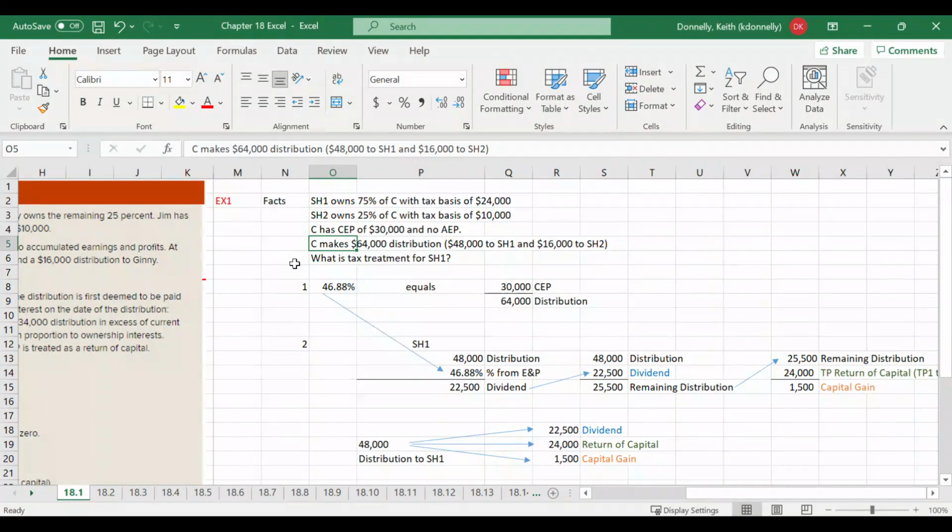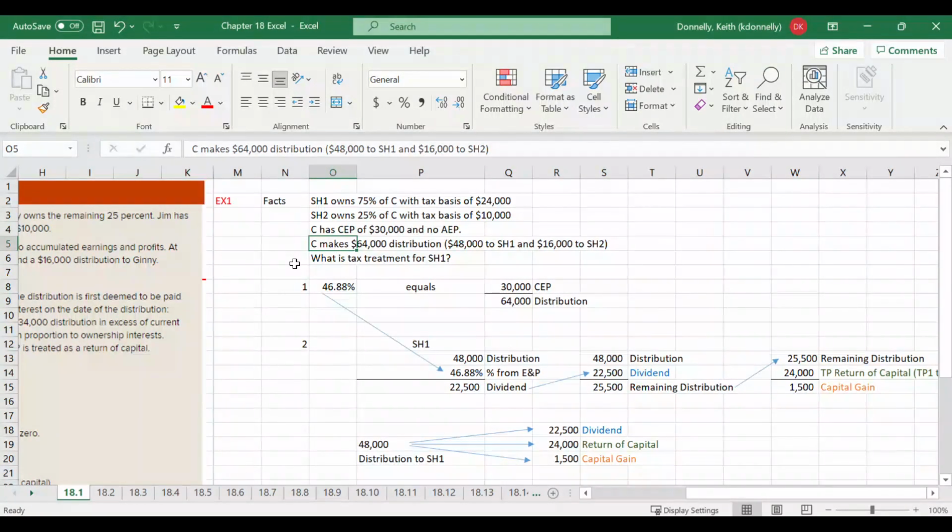We're talking about E&P, which helps determine whether a distribution is considered a dividend or a return of capital. Remember, a distribution can be a variety of things, but one of the big hallmarks we're looking at is what's a dividend and what's a return of capital. If we eat away at our entire basis, any remaining distribution we receive is considered a capital gain.